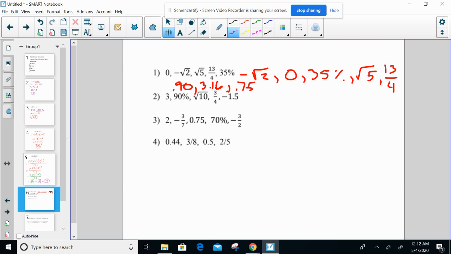So smallest to biggest. Smallest is going to be negative 1.5. The next up, we're looking for the next smallest. Now, none of these are negative, so we're looking for the smallest number here. It's not 3. Now, which one's smaller, 0.90 or 0.75? Little trick here would be this. What's bigger, 90 or 75? Well, 75. You can compare them just like that. 0.75 is smaller than 0.9.